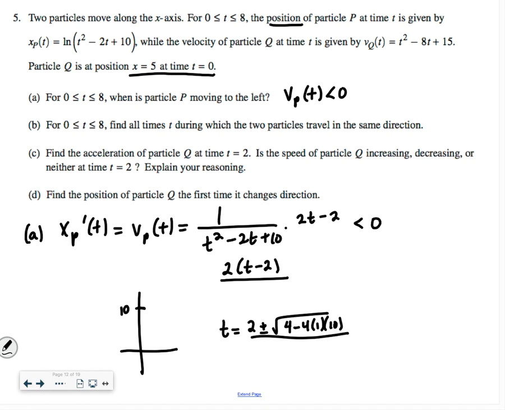So do you see how that discriminant, that part under the square root, is negative? So that means that it doesn't cross the axis. So we would have some kind of parabola where it's not crossing the x-axis. So that t squared minus 2t plus 10 is always greater than 0.